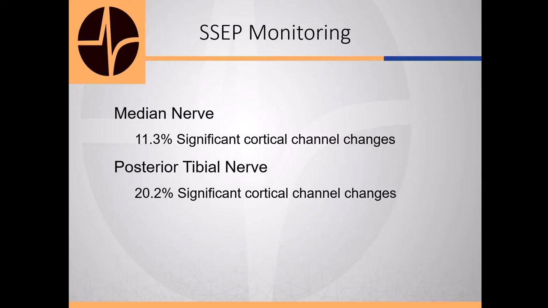And so median nerve is much easier, and we're used to looking at it. Posterior tibial nerves, trying to get those on these patients aren't always the easiest thing to do. These PTN changes were according to limitations of median nerve somatosensory evoked potential monitoring during carotid endarterectomy in Japan.